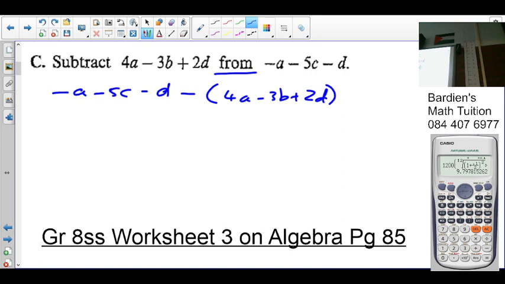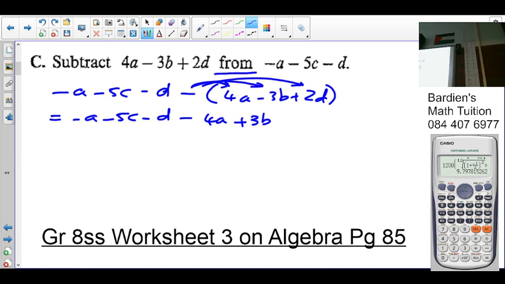Get rid of the brackets by multiplying out, not so? So you're going to get -a minus 5c minus d. Negative times positive, -4a. Negative times negative, positive 3b. Positive times negative, -2d.